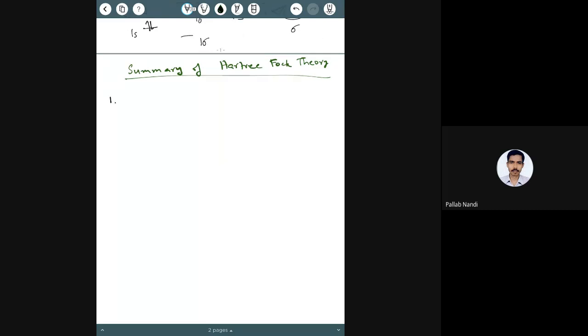The first thing about Hartree-Fock theory is that it approximates the wave function as a single determinant.